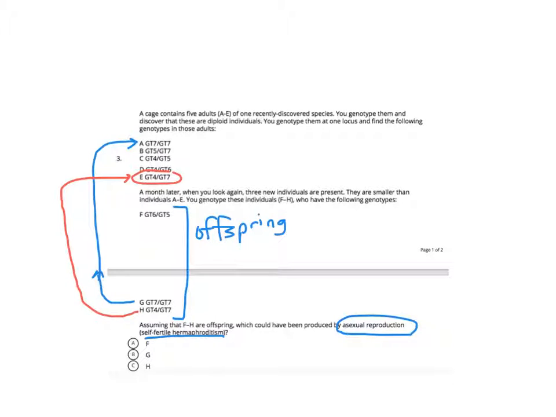And by syngamy, the fusion of those 2 gametes, you could produce an offspring that is heterozygous like the parent was. So in this case, both G and H could have been produced by self-fertile hermaphrodites.